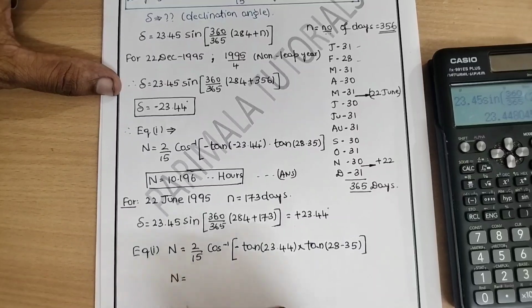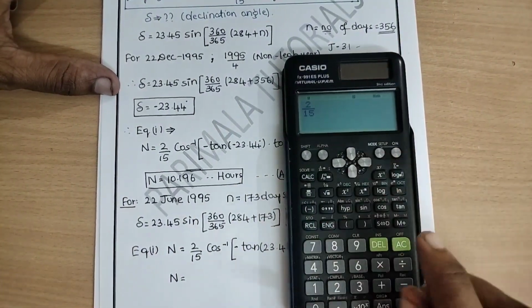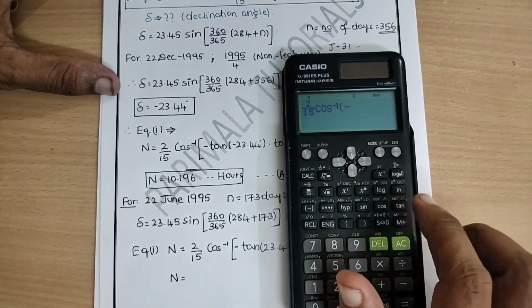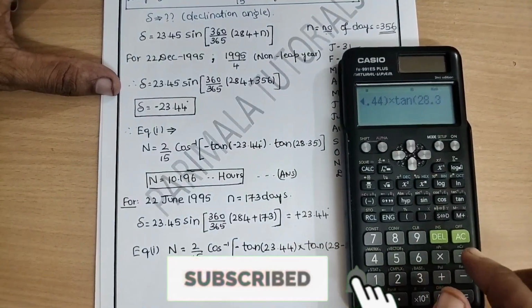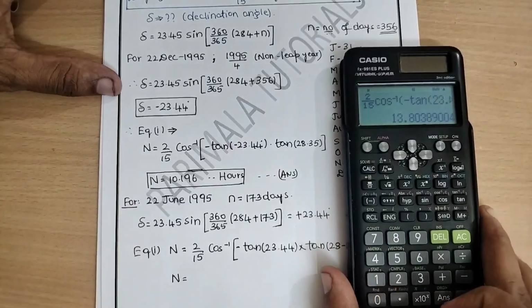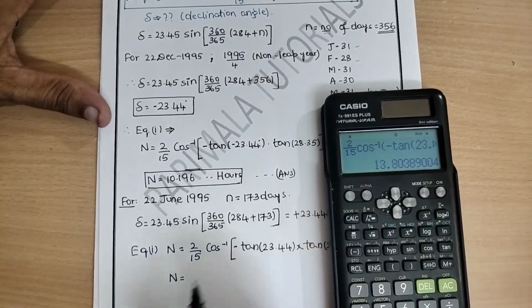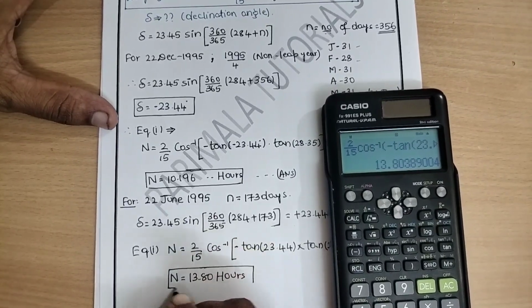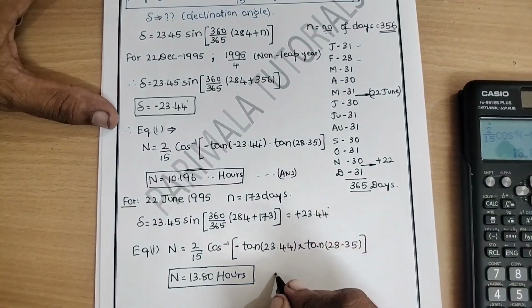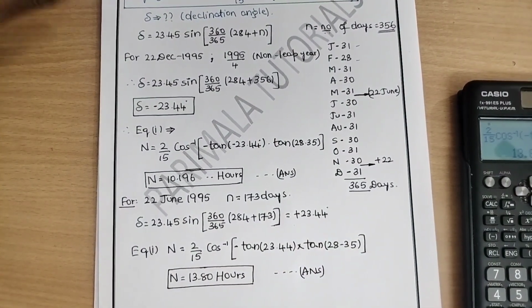So therefore the value of n is equal to, yes, the calculator is giving the answer as 13.80 hours. So this is the second part of the answer. So this completes the first numerical.